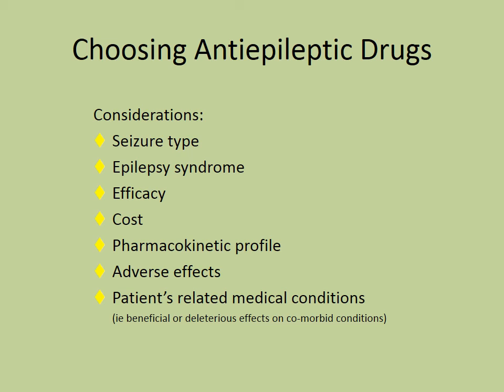Again, your neurologist is going to be the one to start these. They will usually give a drug to a max dose before they try an alternative drug or before they try any type of two-drug combination. And there is a therapeutic range, but remember that's only a guideline.